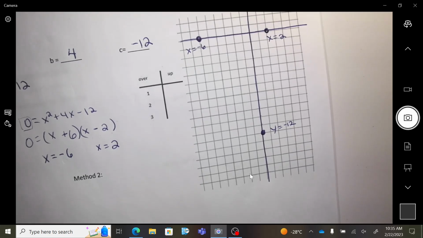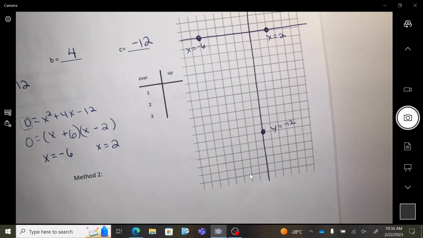Okay, what x value would match to the vertex? The vertex has to line up halfway between those. What x value would you pick?